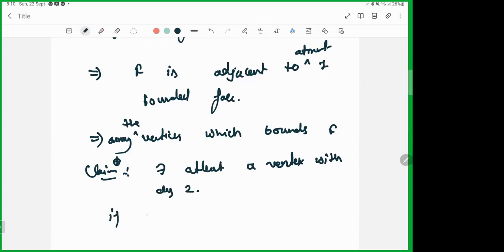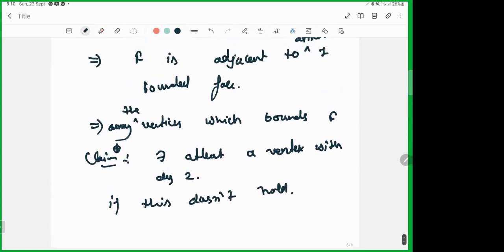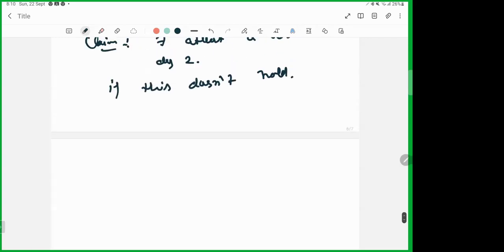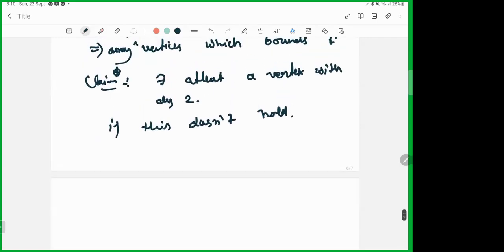If this doesn't hold, that means all of the vertices again have another bounded region adjacent to them. Let me try to say this neatly.